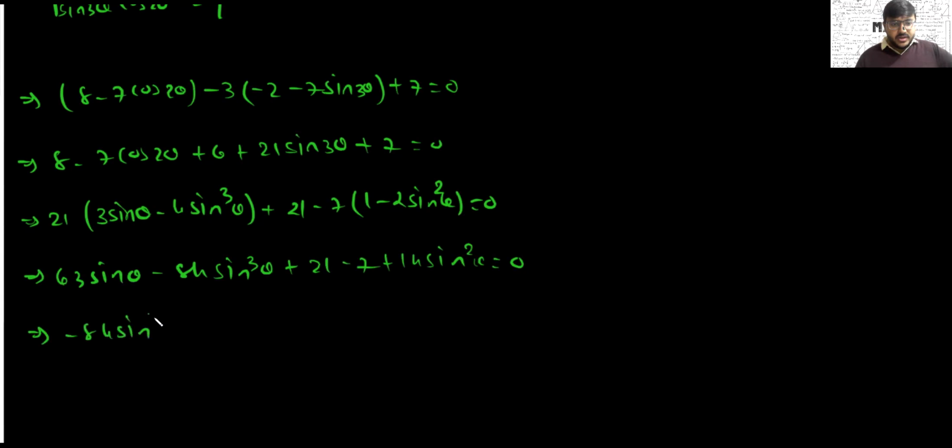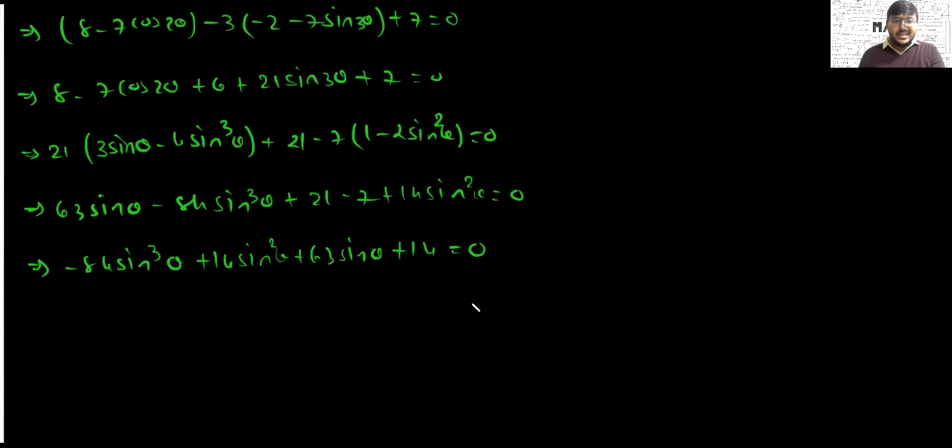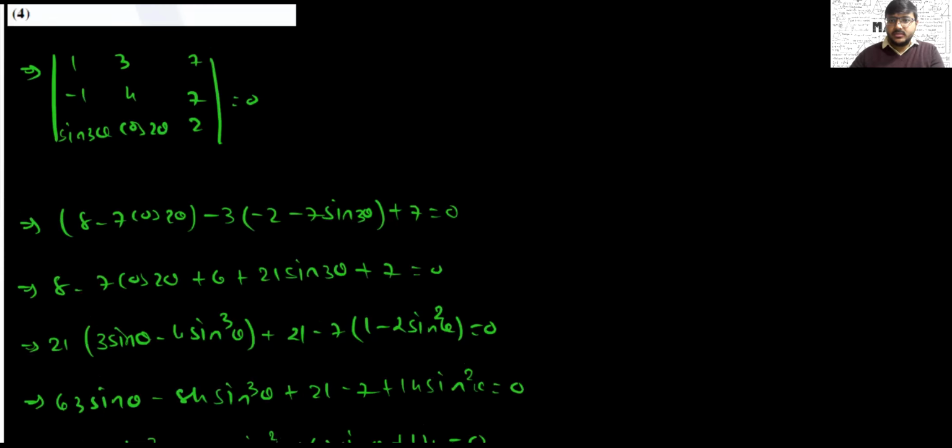So it's 63 sine theta minus 84 sine cube theta plus 21 minus 7 and plus 14 sine square theta equals 0. So I will get minus 84 sine cube theta, then plus 14 sine square theta plus 63 sine theta and plus 14 equals 0, right? Now from the rest we can take 7 common, right?